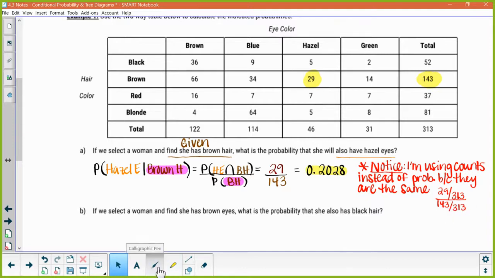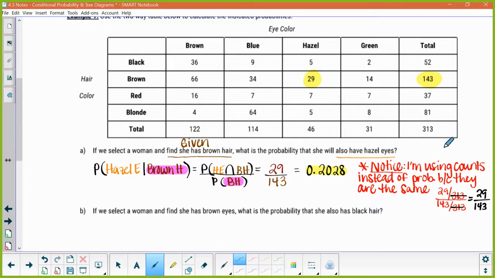And basically what happens is you end up canceling out your denominators and you get 29 over 143. It doesn't hurt to do it this way. It just is an extra step that you have to be careful of when you're entering it into your calculator. You can just deal with counts only. And 313 comes from my total sample space of all of the women. I'm going to assume women? Yes, women who were surveyed.